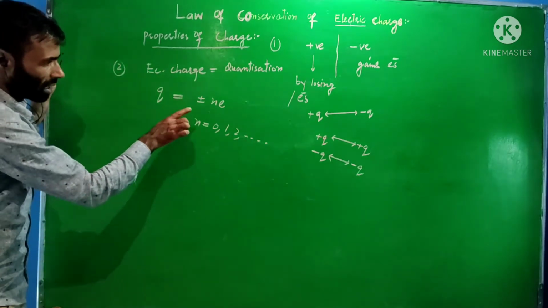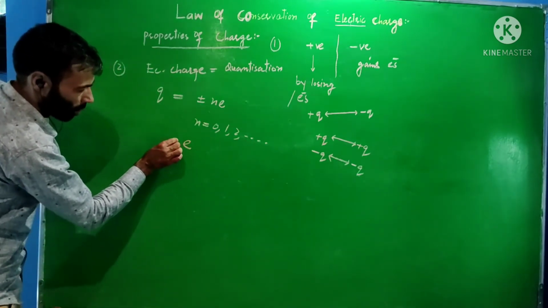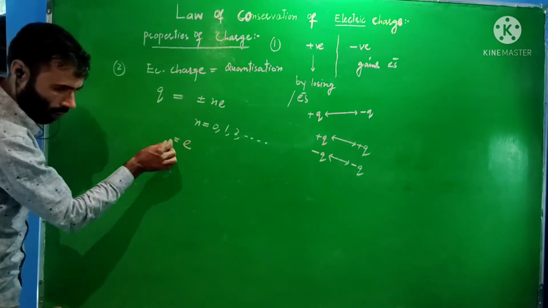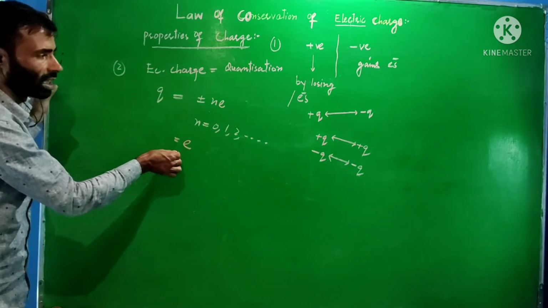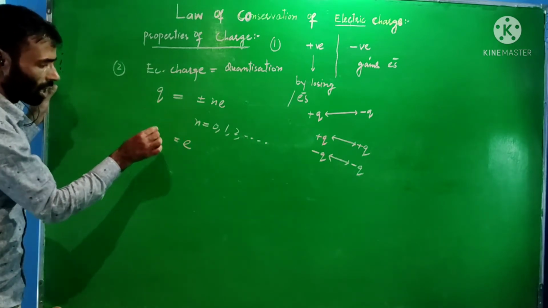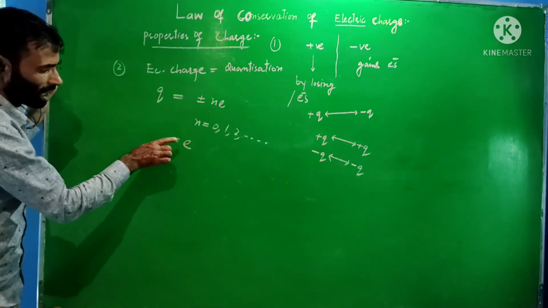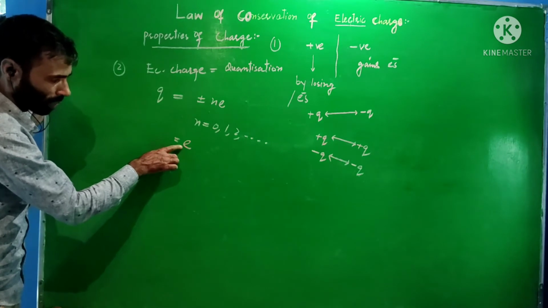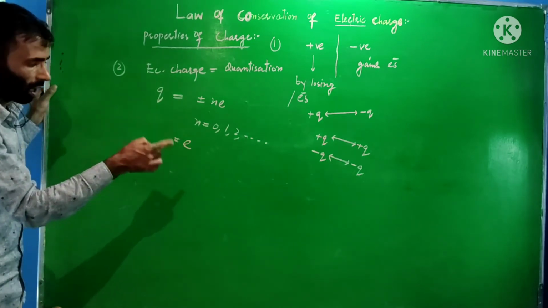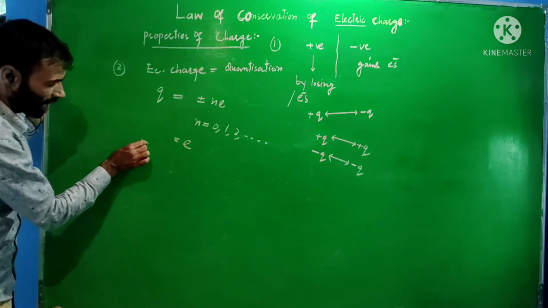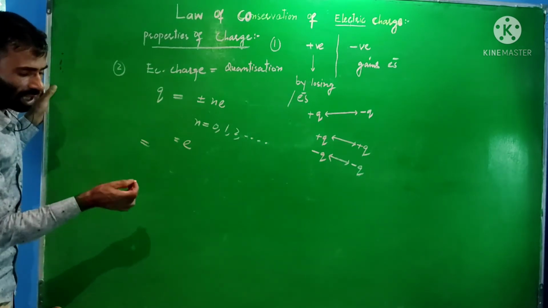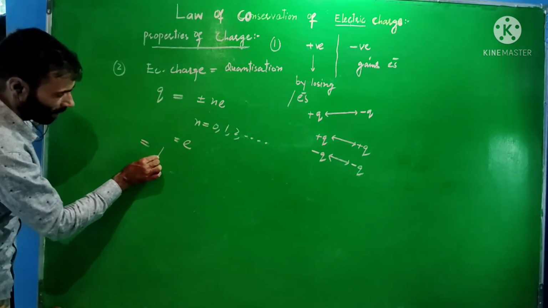Here e means the charge on a proton or the charge of an electron, that is the natural, elementary unit of charge. The charge possessed by any object is an integral multiple of the charge of an electron or the charge of a proton. We know this quantization of charge has been experimentally verified by Faraday's laws of electrolysis.